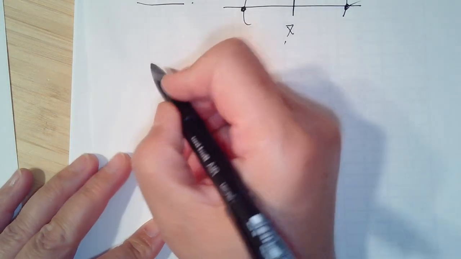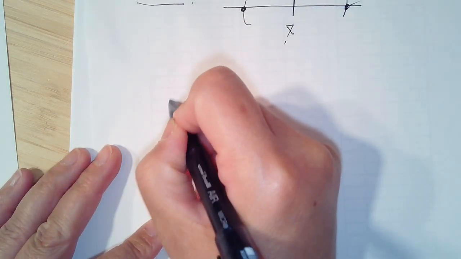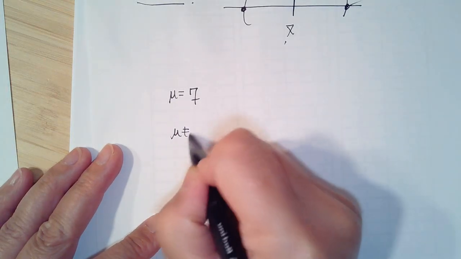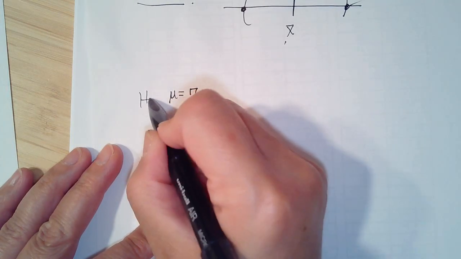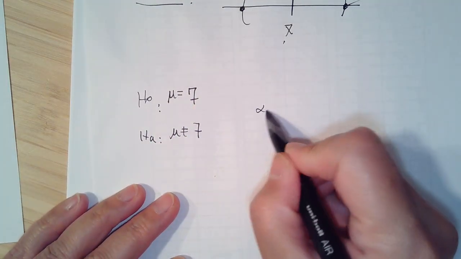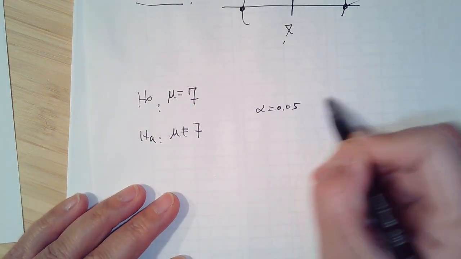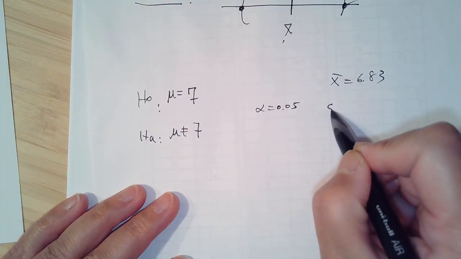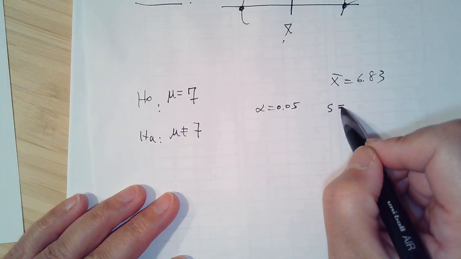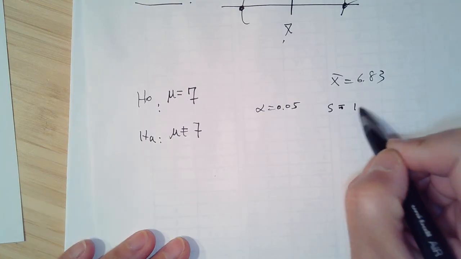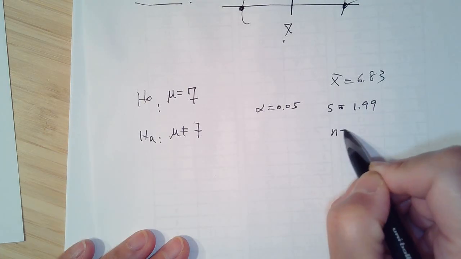So I think in the notes I mentioned that you can use either way to test your claim if it's a two-tailed test. If someone said mu equals 7 and mu is not equal to 7, for example, I have this H0 and HA. And then alpha is 0.05, and I also have my x bar 6.83, and my s, I forgot what it was, it's 1.99, and my sample size is 12.